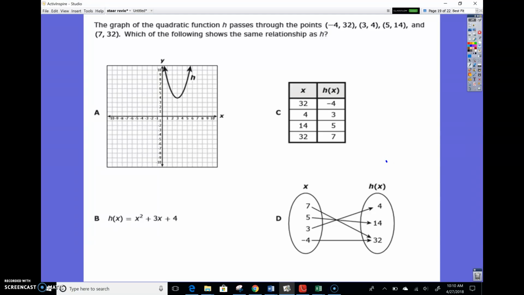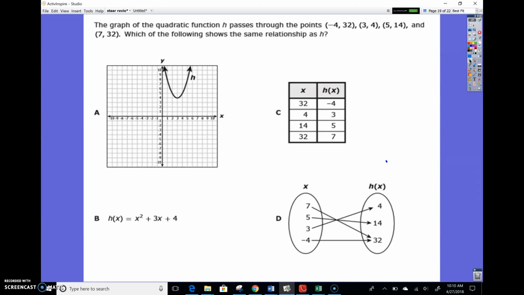Last type of equivalent or relationship problems that we have, it shows all the different kinds of representation. So the first thing you need to do is make sure when you look at this, you look at one representation at a time, okay?